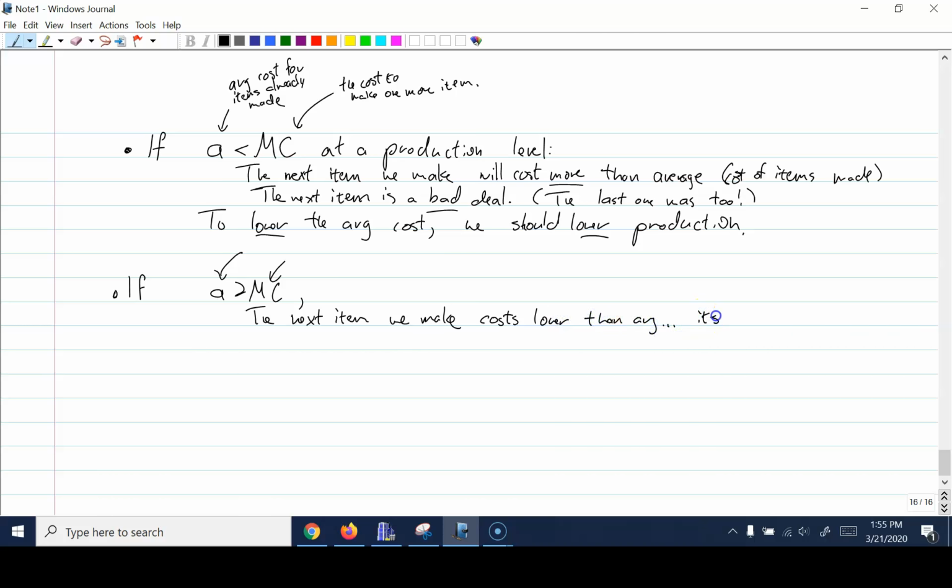It's a good deal. So, to lower the average cost, we should lower production.